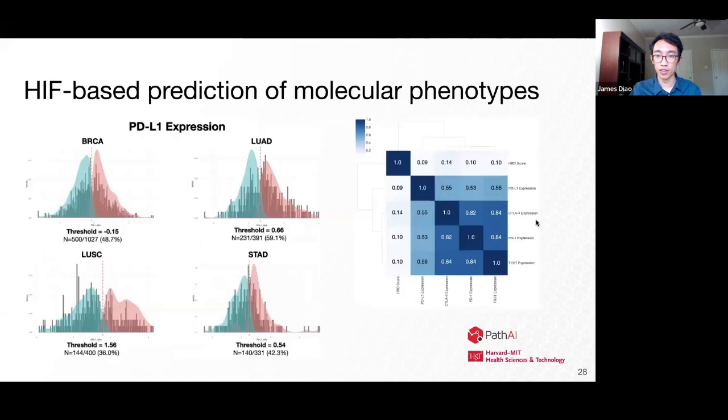Right, great. And then we get to the advertised prediction task, which is prediction of molecular phenotypes. We did predict the z-score of the PD-L1 or other immune signatures directly, but in order to produce ROC curves, we ended up binarizing the expression data.